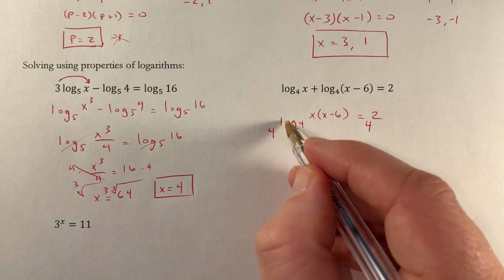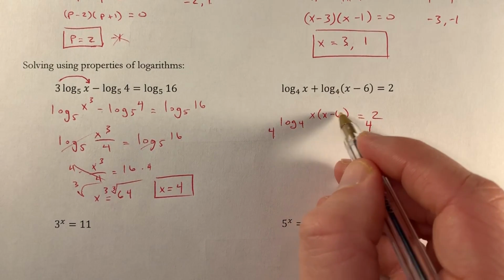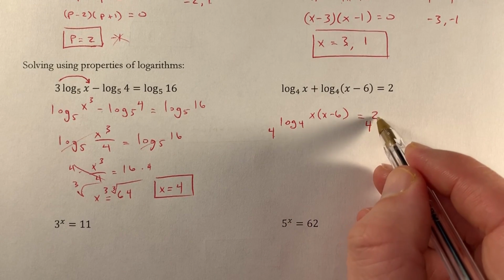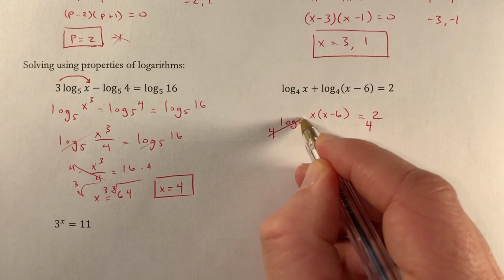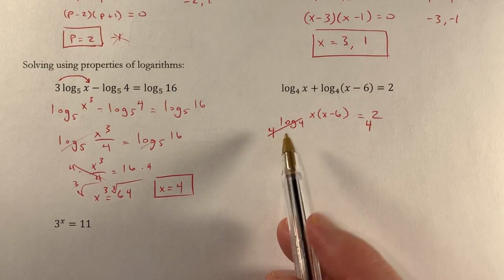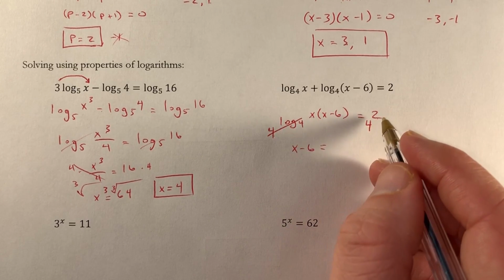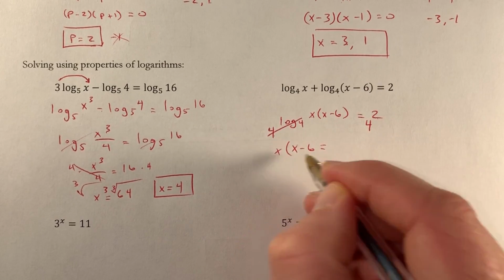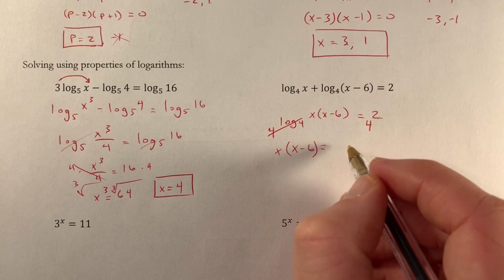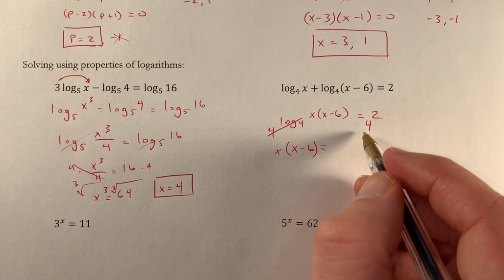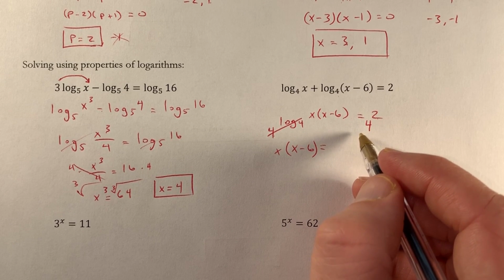So it's 4 raised to the power of log base 4 of x times x minus 6 equals 4 to the second power. Those cancel. So I get x times x minus 6 equals 4 to the second power, which is 16.